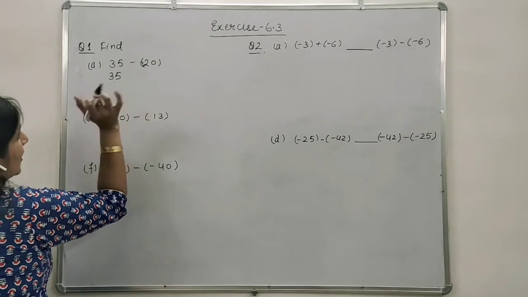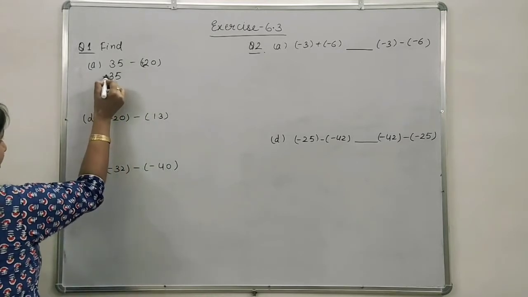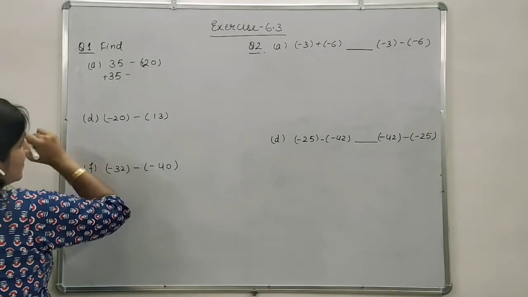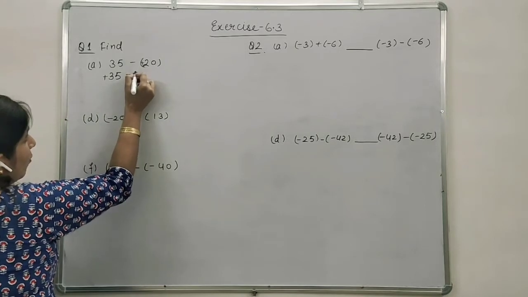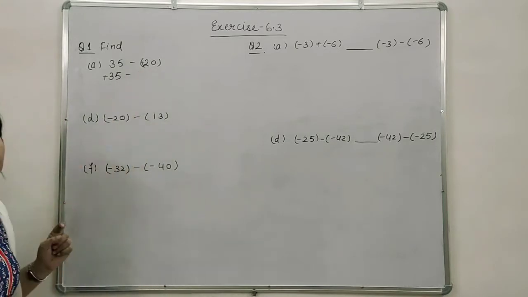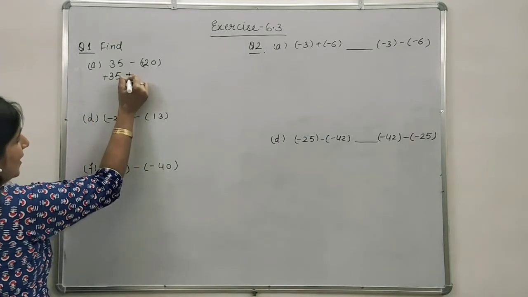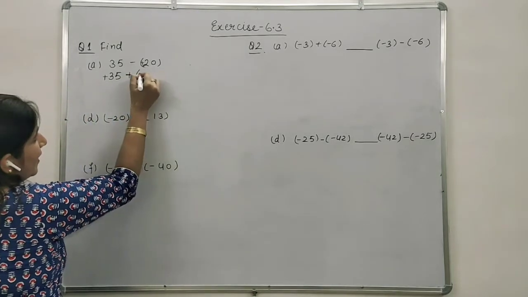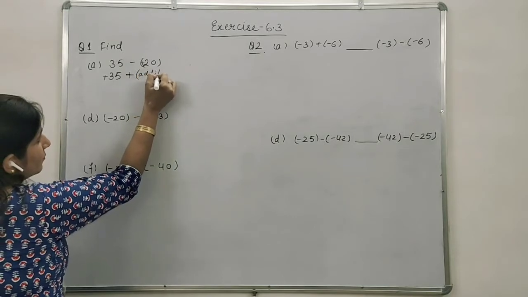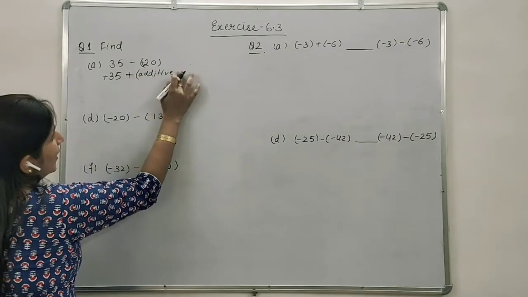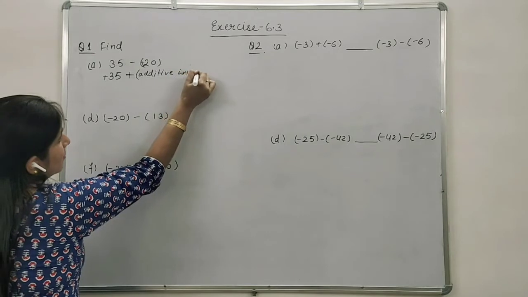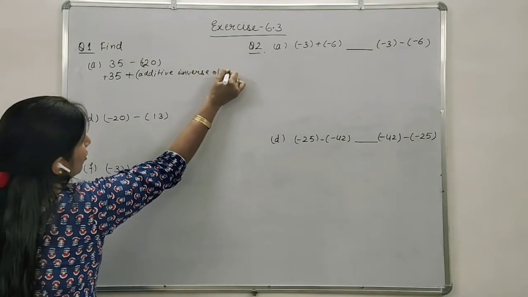Or what else can we think? This is 35. It is positive. And the negative sign is here. And the next method I have told you in the subtraction of integers is that we can put the addition sign here, and in brackets we can write the additive inverse of 20 to solve this question.